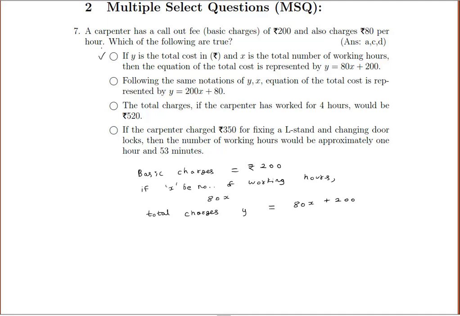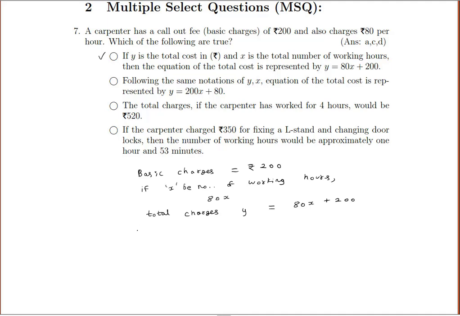And looking at option B, the equation of the line is 200x plus 80, which is wrong. Here we have obtained the equation to be 80x plus 200. And looking at option C, the total charges if the carpenter has worked for 4 hours would be rupees 520. We have to check if this is true.